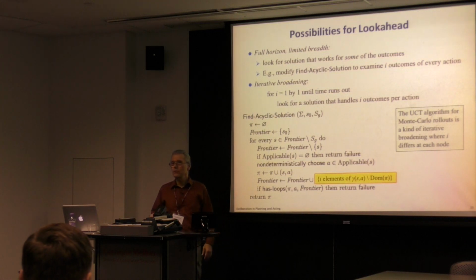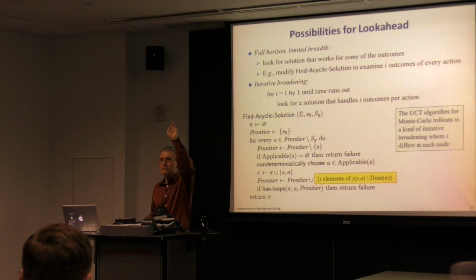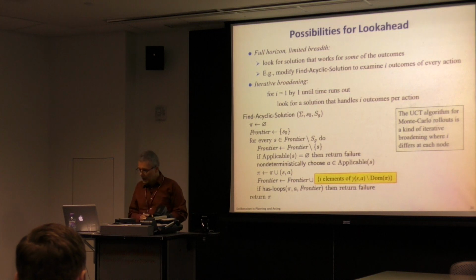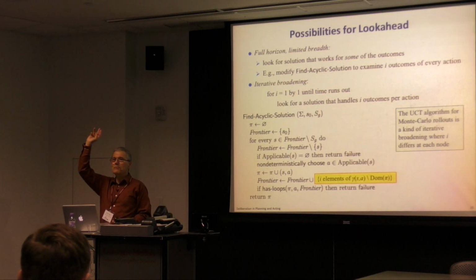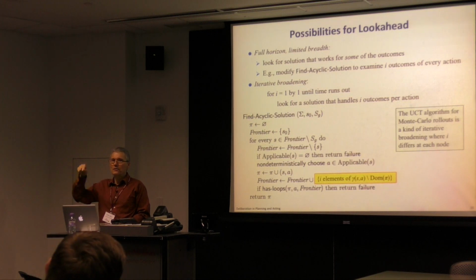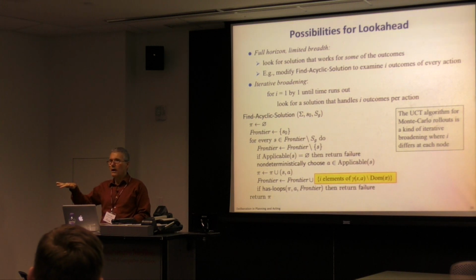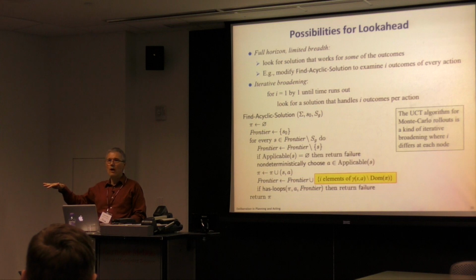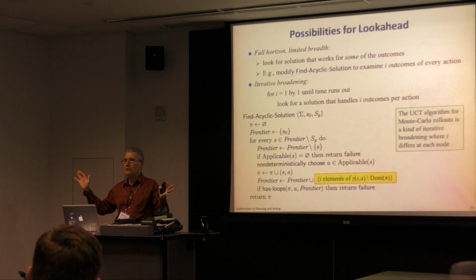How many of you are familiar with the UCT algorithm for Monte Carlo rollouts? A few of you. Any idea why UCT might be something well known? UCT was the algorithm that first, or something like UCT at least, was the first algorithm to do reasonably well at the game of Go. Ordinary game tree search algorithms did not work well because of the high branching factor.